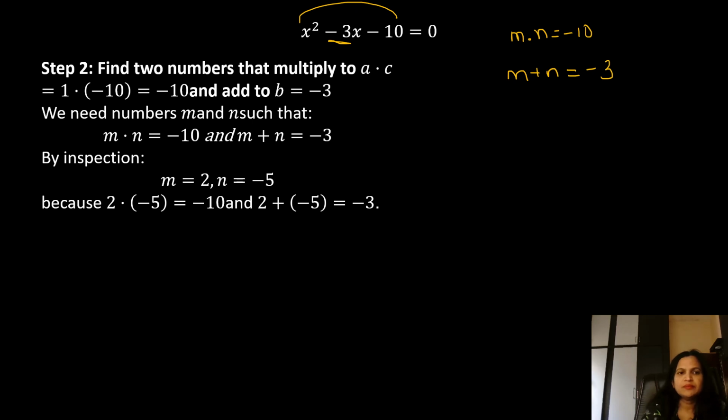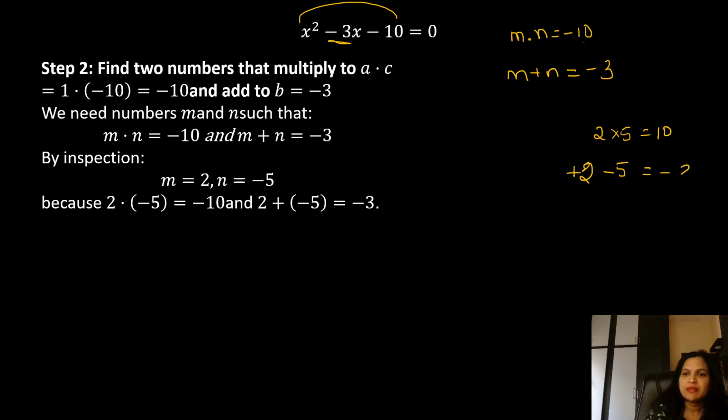So which are the numbers? Just think. By adding, you should get minus 3, and by multiplication 10. By what two numbers multiply? 2 5s are 10. If you subtract, I'll give minus sign to 5, and plus 2.